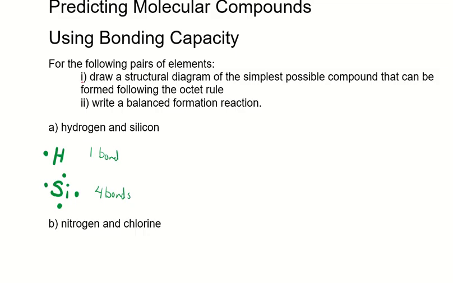Silicon has the higher bonding capacity, so it's going to go in the middle. Hydrogen tends to be one of our easier ones because it always forms one bond, so it's always what we call terminal. It's one of the end atoms. So we surround the silicon using its 4 bonds with the hydrogen.